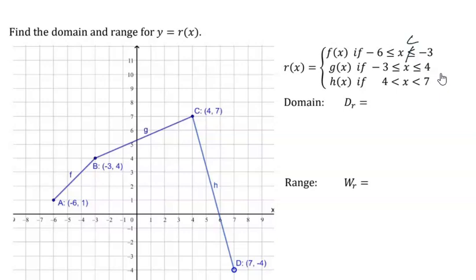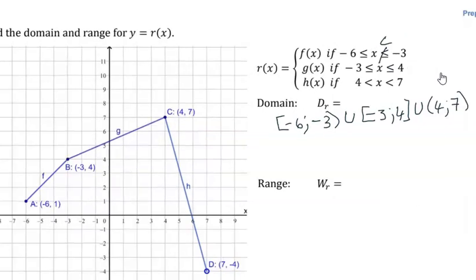So then the domain of this function will be, and we can start with it like this. We can say, okay, the first part is from -6 up to -3, and that's an open bracket, and then we have a close bracket up to 4, and then we have an open bracket 4 up to 7, and we also discussed this union sign in chapter 1.